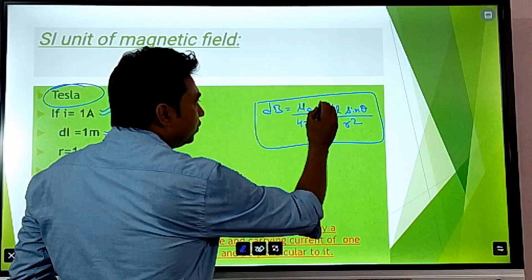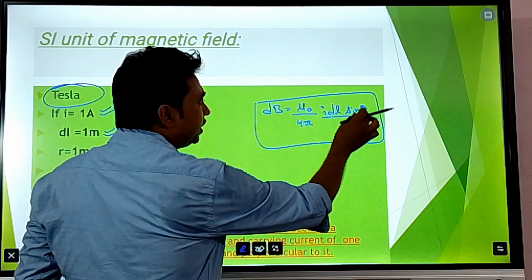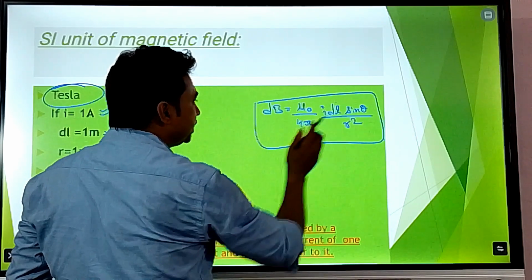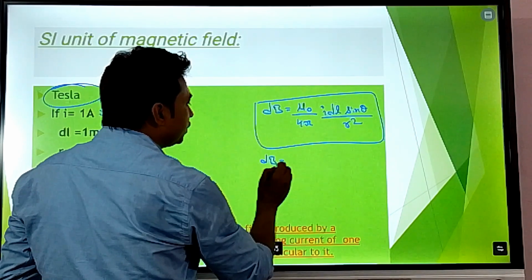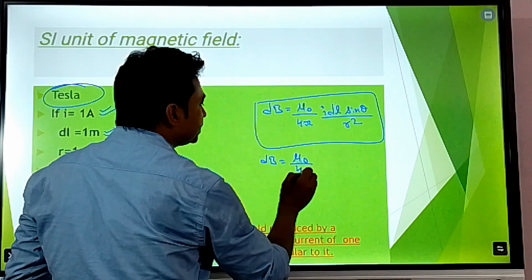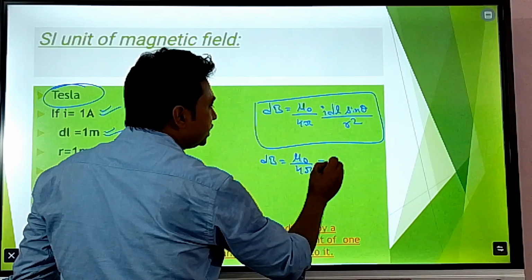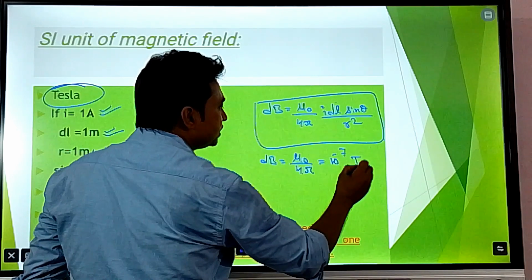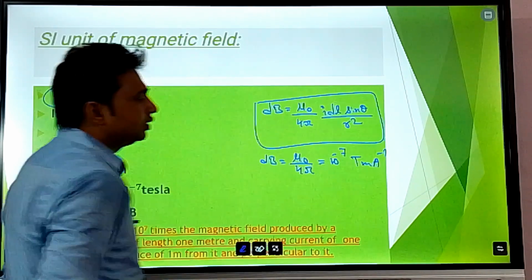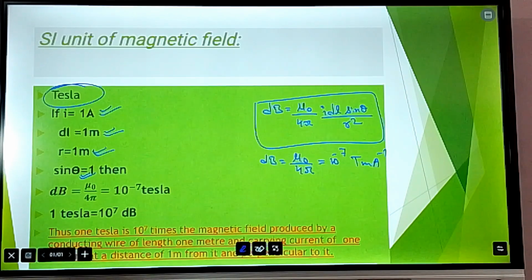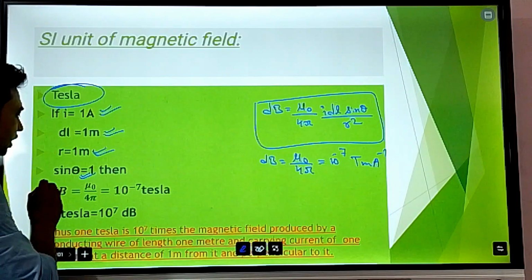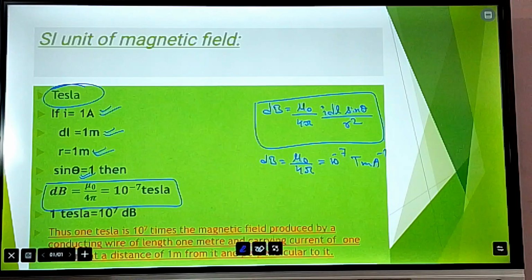If all these values are 1, then dB equals mu naught by 4 pi, and its value is 10 to the power minus 7 Tesla meter per ampere. So dB equals 10 to the power minus 7 Tesla.